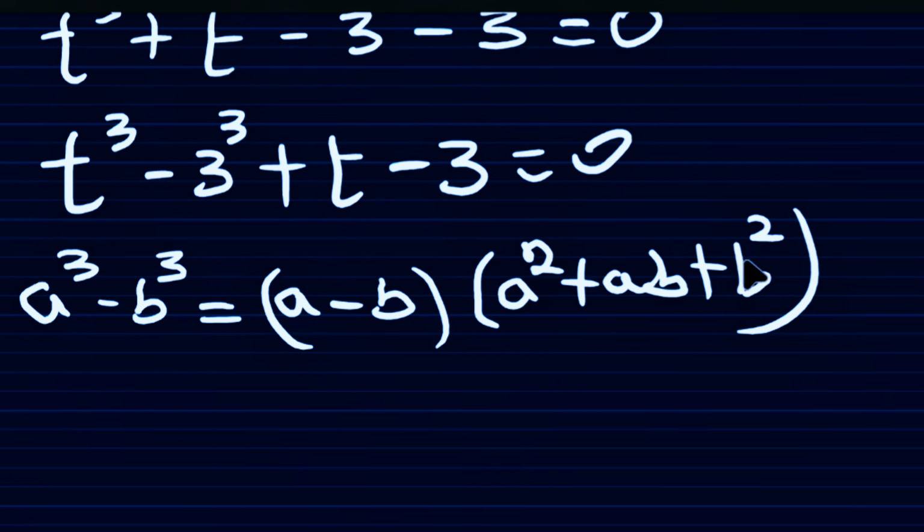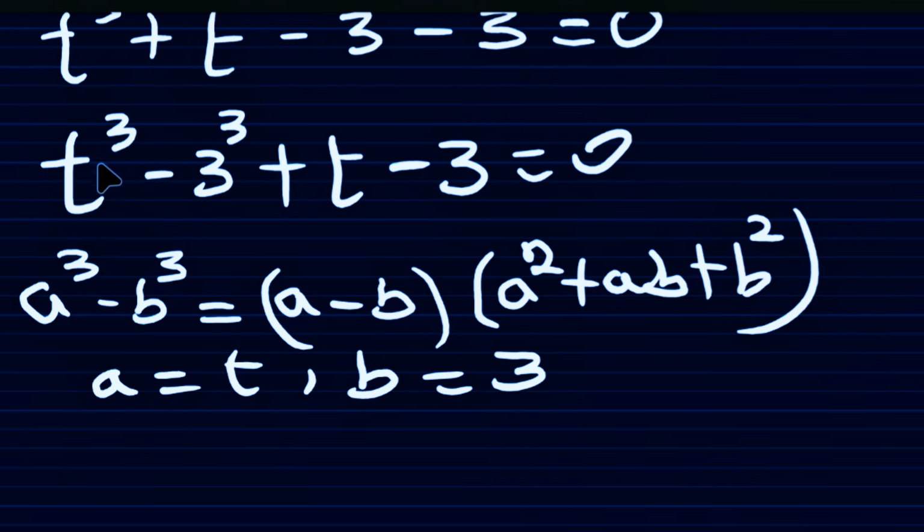If you expand this, you have this. Remember that we have t cube minus 3 cube, which is in this algebraic identity form. So note that a equals t and b equals 3. We are going to expand this t cube minus 3 cube in this form.